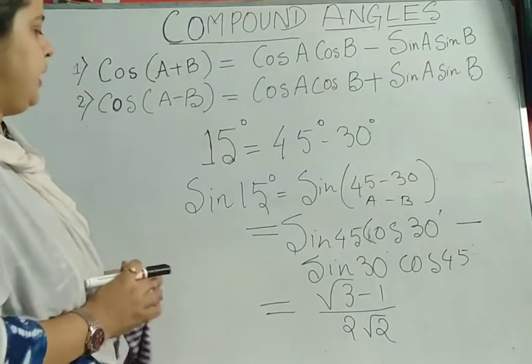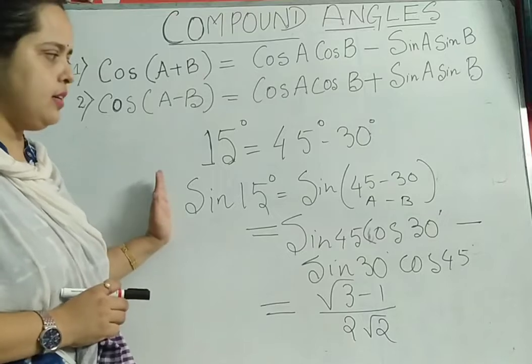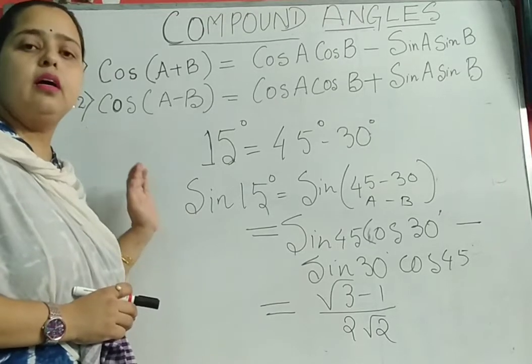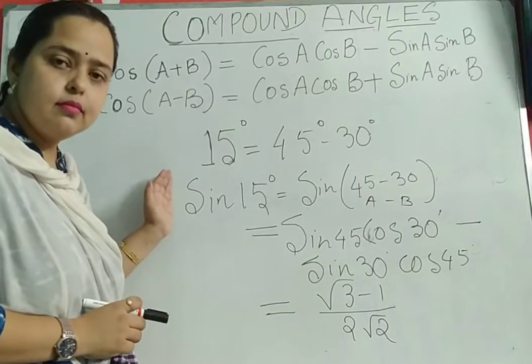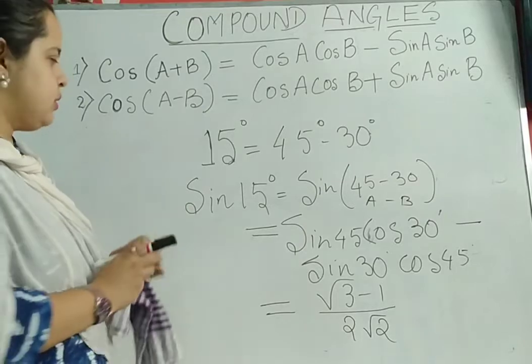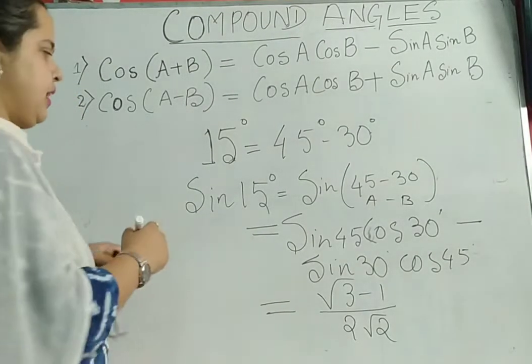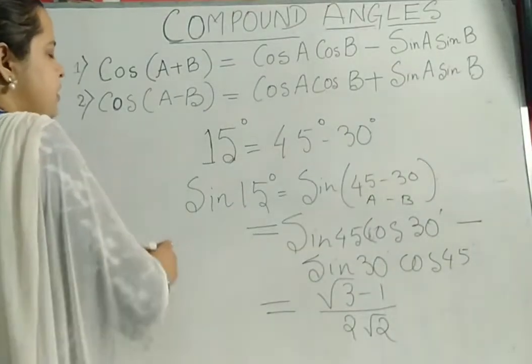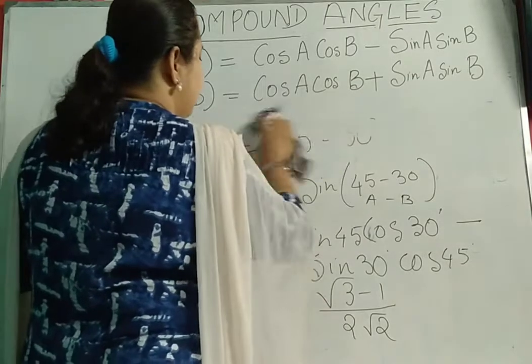Now children, if I am having the value of sine 15 in my hand, we all remember the relationship between sine and cos. What was that? They are complementary to each other. So, using sine 15, can I write down the value of cos of 75? See what I am trying to tell you all.